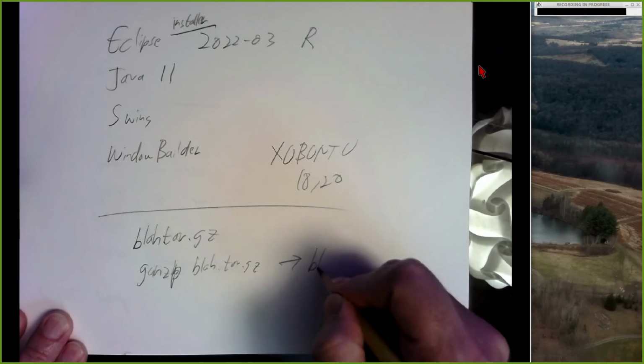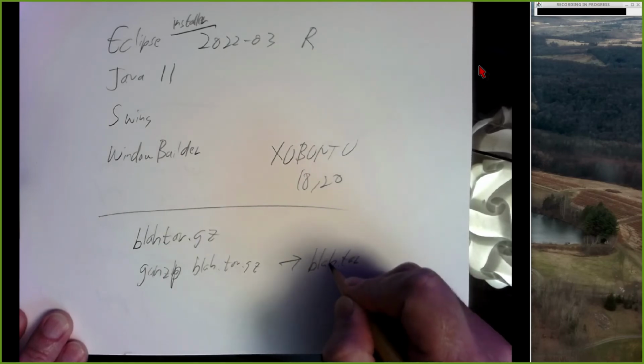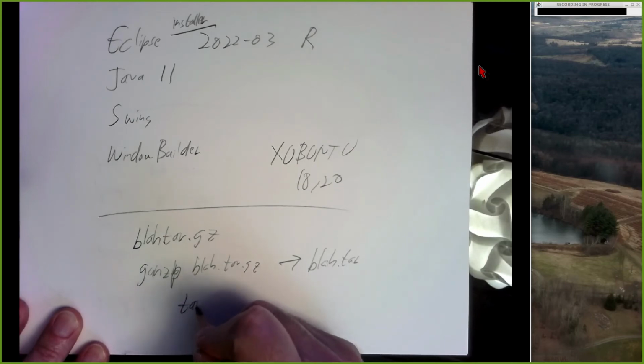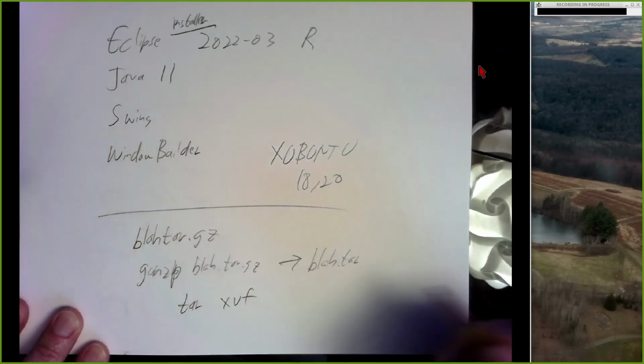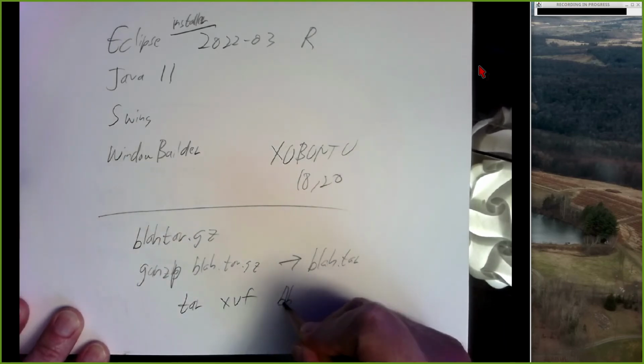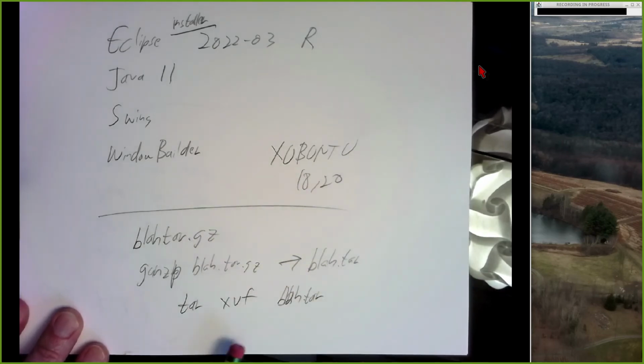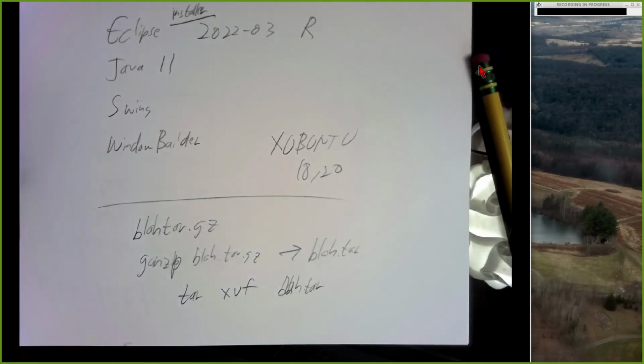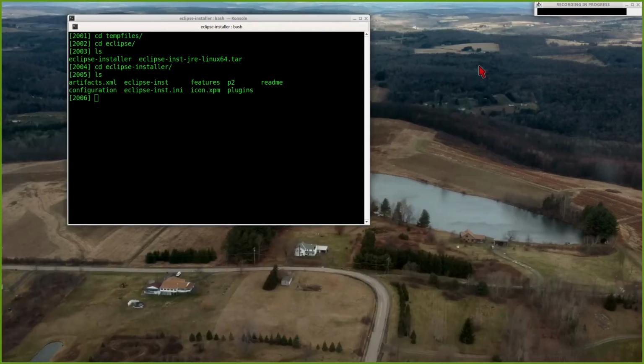That leaves you with a blah.tar. And then you can extract that into your current directory by saying tar xvf blah.tar. So extract verbosely from the file blah.tar, and that'll unpack the archive into a directory tree rooted at your current directory. And that's what I did previously.